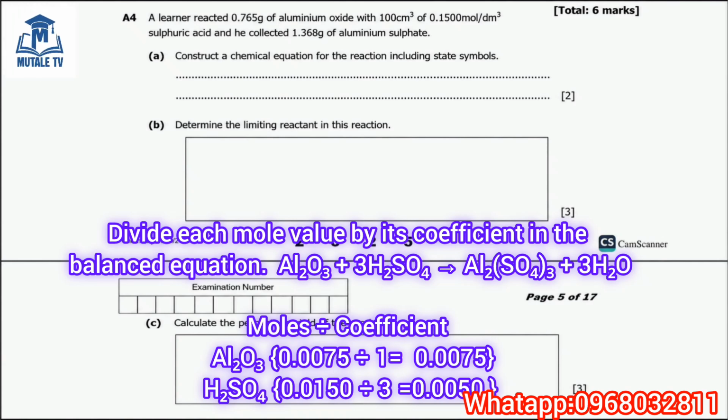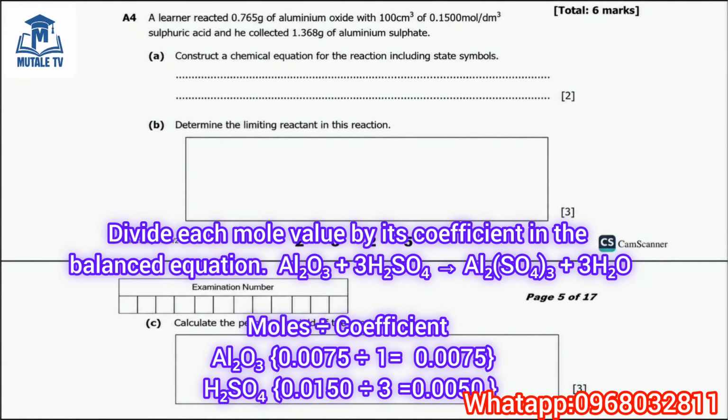The coefficient of the sulfuric acid there is 3. So we're going to divide the moles we found for sulfuric acid by 3. So we say 0.0150 divided by 3.